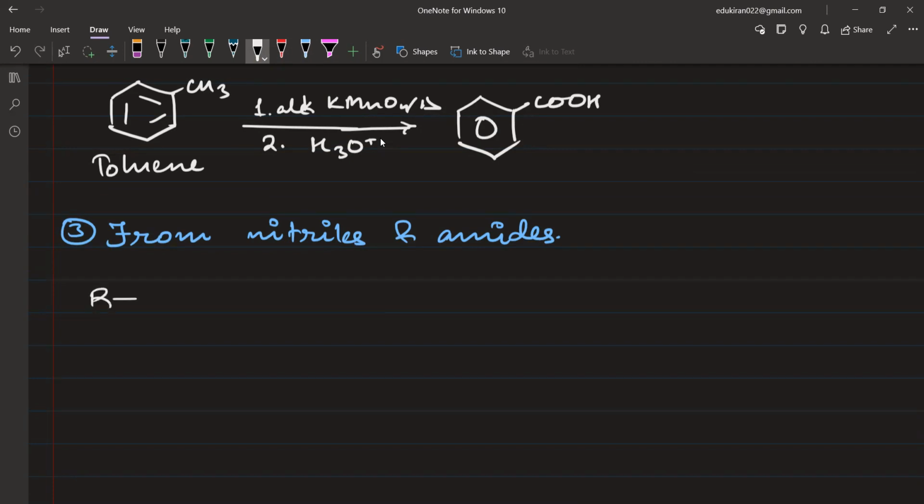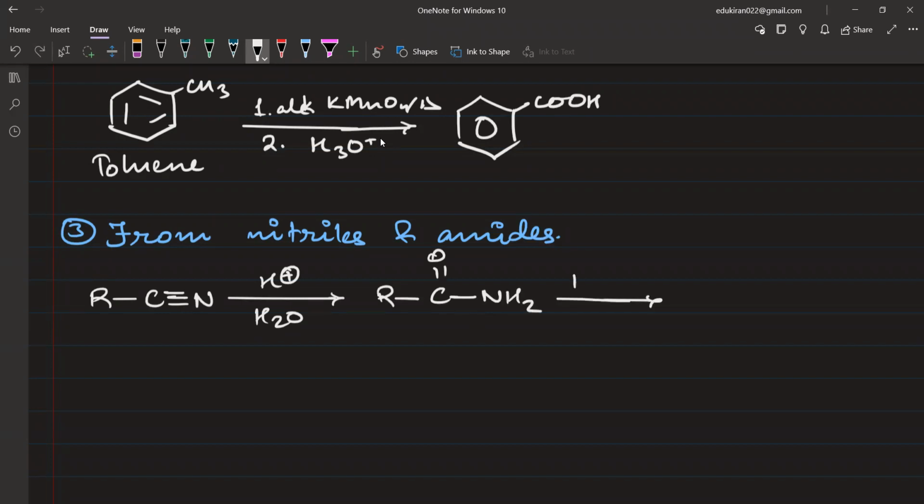If you have nitrile, for example, R, C triple bond N, and you do acidic hydrolysis, for example, H plus in the presence of water, you will get an amide, R, C double bond O and NH2. After this, you again do H plus or OH negative with heat. You are going to get R, C double bond O and OH. So both are hydrolysis reactions.